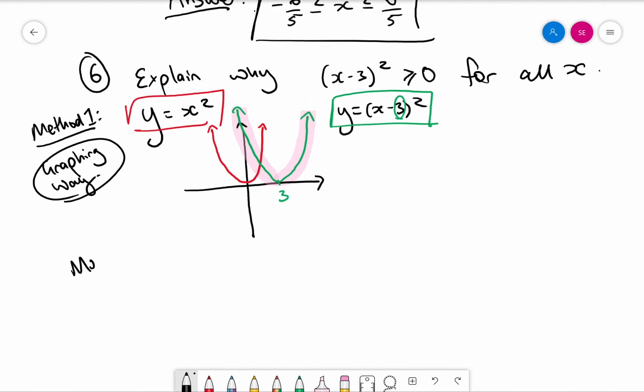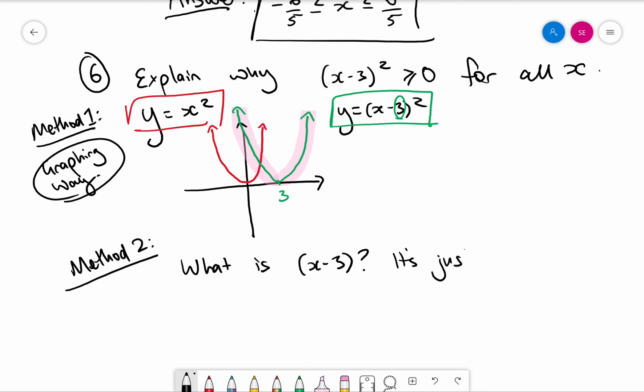Method 2, which might seem a little bit obvious once I've done it, is, well, what is x minus 3? That's x minus 3. Well, it's just a number, because x can be any number, so a number minus a number, it's just a number.